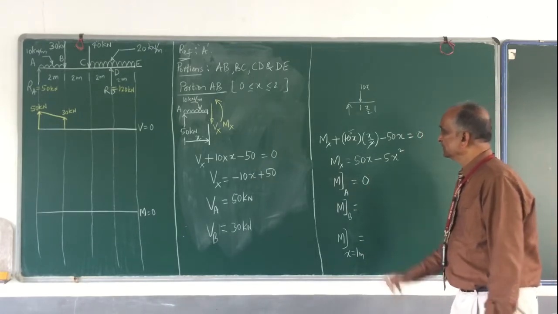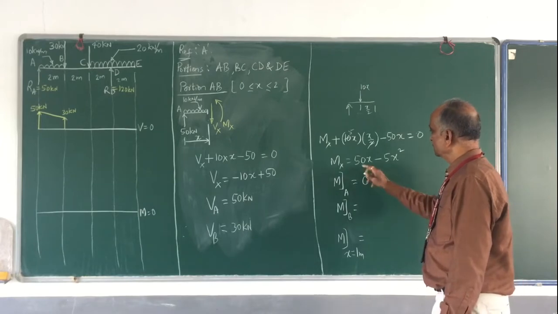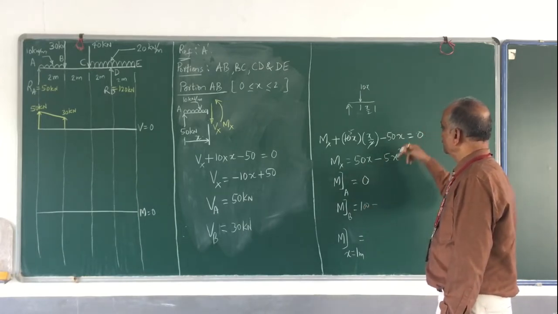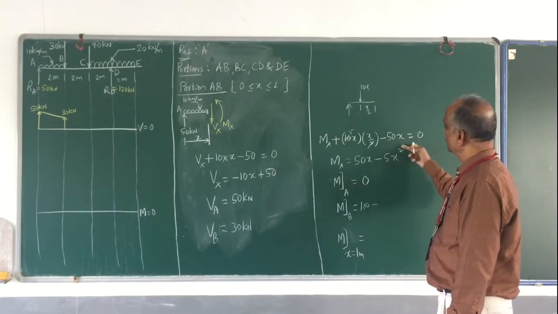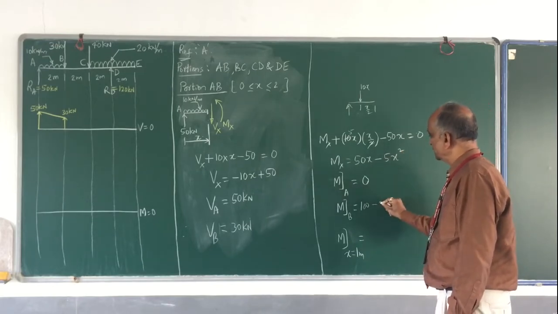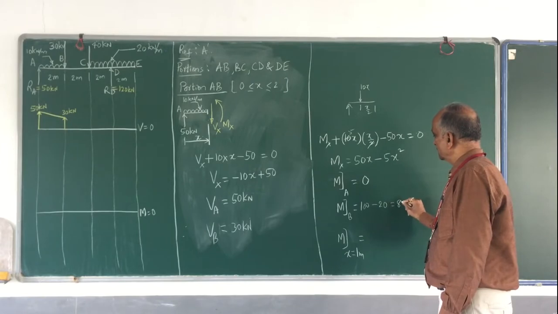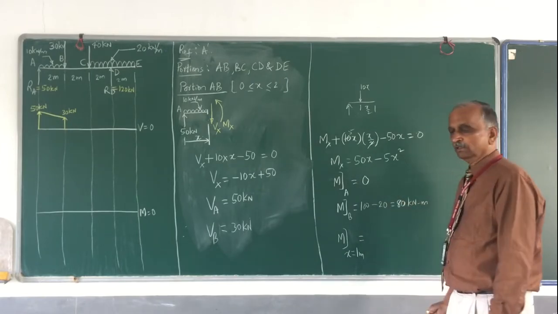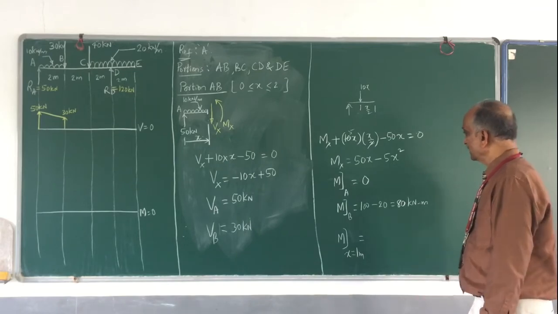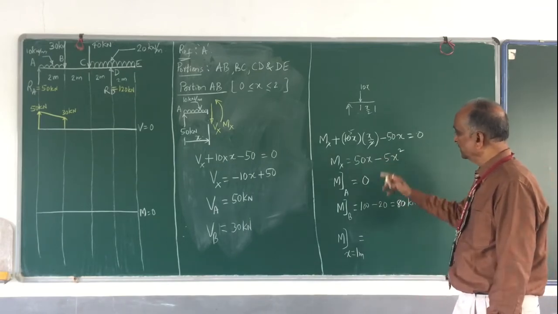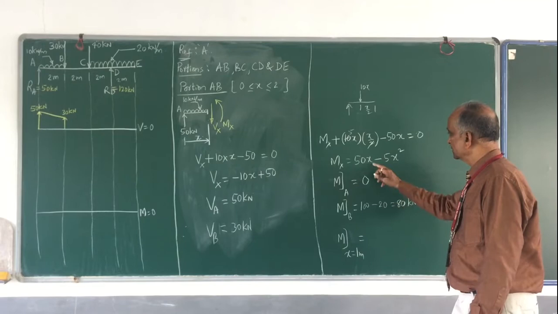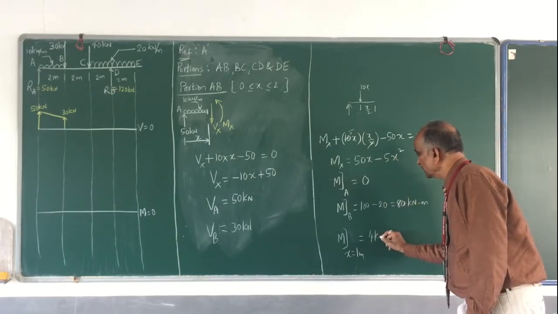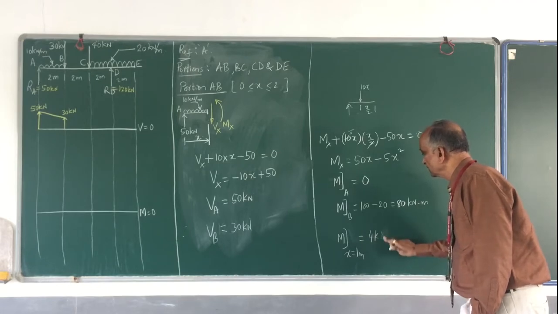Bending moment at B, that means x equal to 2, that's 50 into 2, 100, minus 5 into 2 raised to 2. 2 raised to 2 is 4, 4 into 5 is 20, so this makes 80 kilonewton meter. And bending moment at x equal to 1, substitute x equal to 1, this is 50 and minus 5.